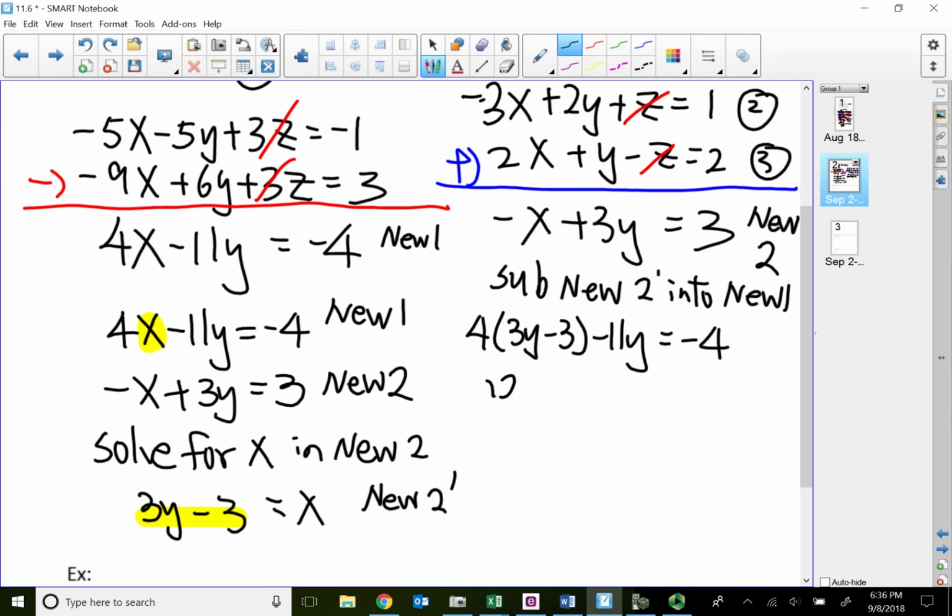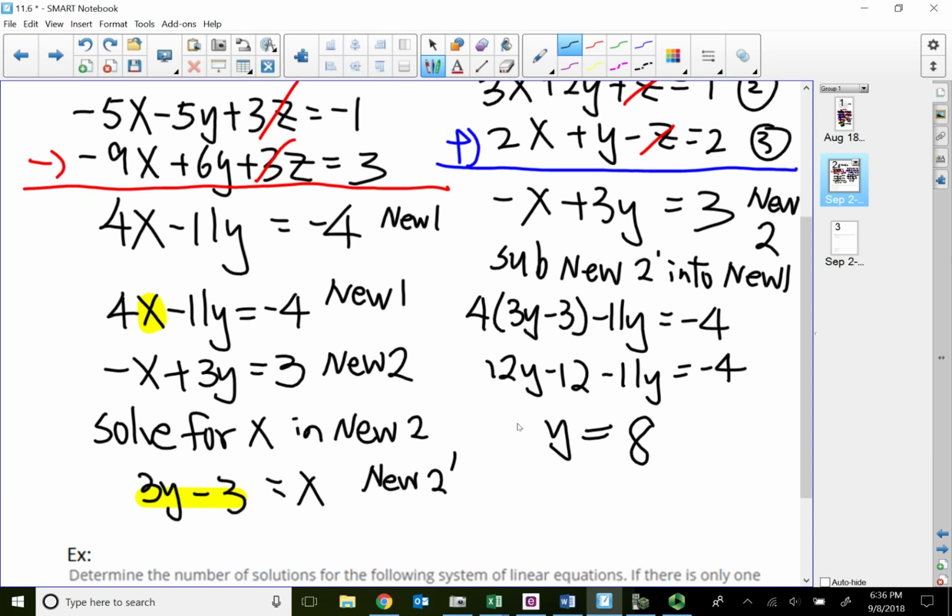So that's 12y minus 12 minus 11y equal to negative 4. So that's y equals, combine like terms, 12y minus 11y is 1y. Negative 12 moves over and becomes positive 12. Negative 4 plus 12 is 8. So my y is 8.